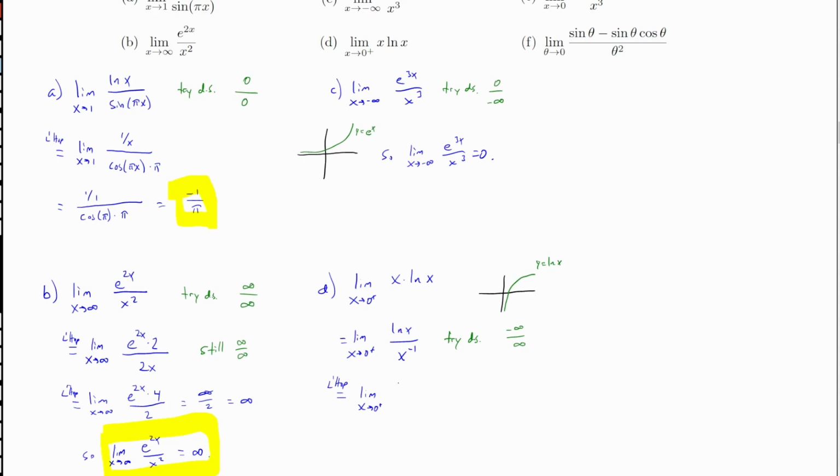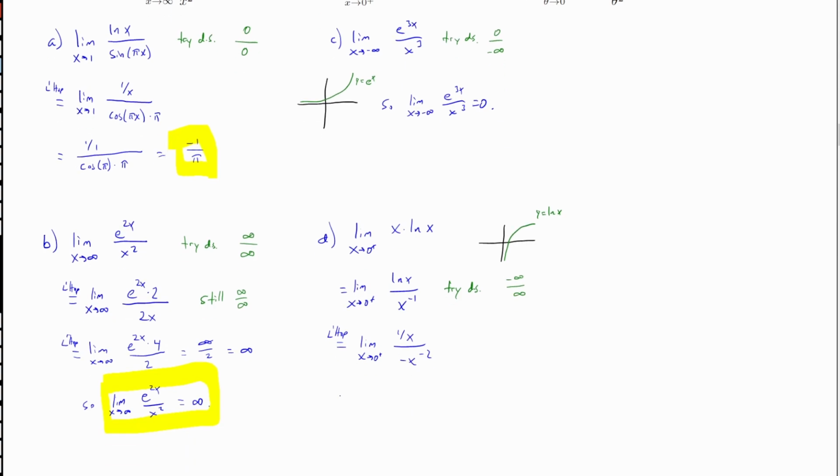So the derivative of ln of x is 1 over x. The derivative of x to the negative 1 is negative x to the negative 2. Okay, and now I'm going to simplify. So this x to the negative 2 I can bring into the numerator as an x to the positive 2. Okay, so my negative is hanging around.